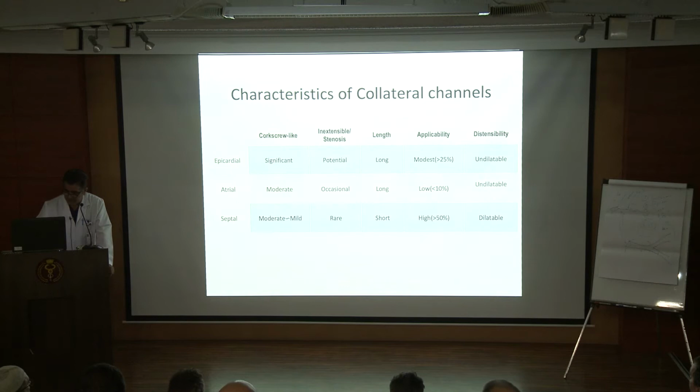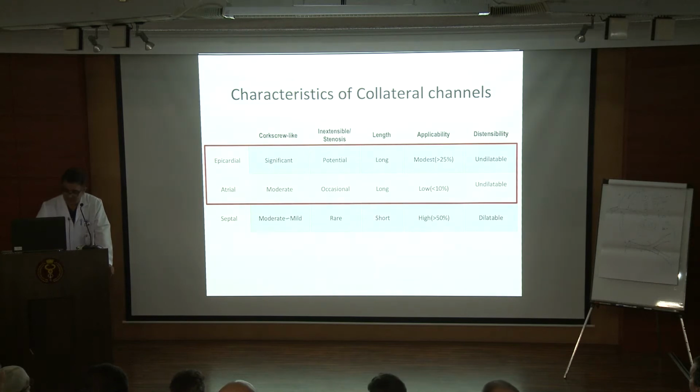The safest is the septal, because you can dilate the septal and you can surf through the septal. However, with atrial or other epicardial collaterals, surfing is not recommended because of tortuosity and risk of rupture. And for epicardial collaterals, please do not dilate them. You can dilate the septal collaterals if you want, but not epicardials.